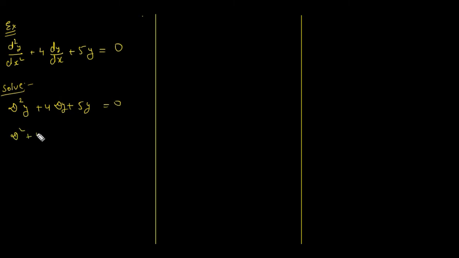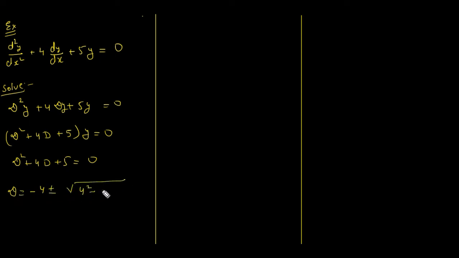D square plus 4D plus 5 into y is equal to 0. So D square plus 4D plus 5 is equal to 0. D is equal to minus 4 plus minus under root b square minus 4ac upon 2. So D will be equal to minus 2 plus minus i.